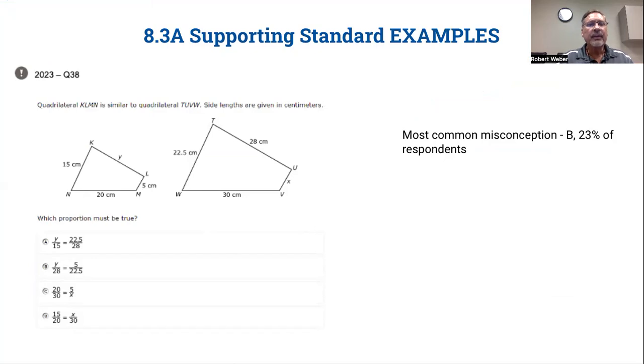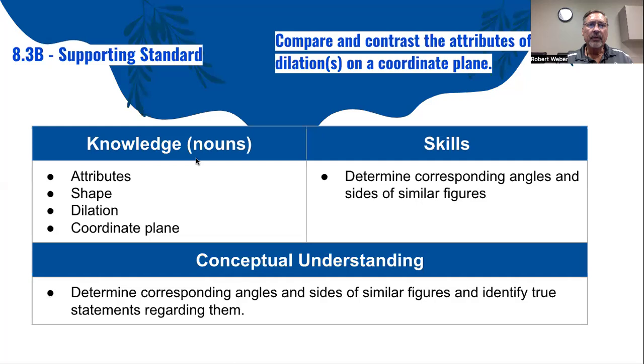In this case, it just asked which proportion is true, based on students being able to understand similarity. You can just teach this by the ordering of the letters, if nothing else. But obviously, observation: the side 15 would go with 22.5 and so on. The 2024 STAAR question will be put up later.